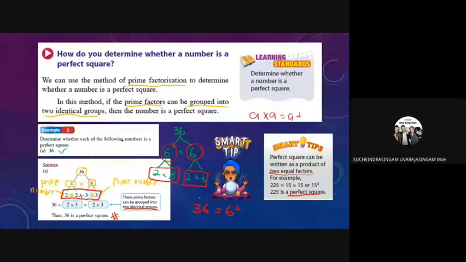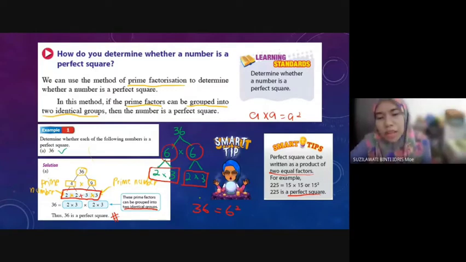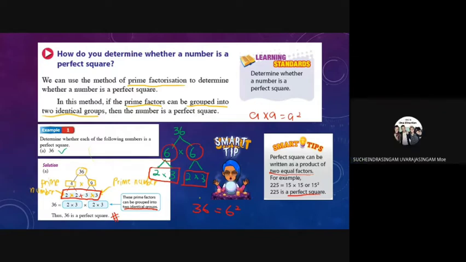Can you write in chat? 144 is a product of what number? The two equal factors are 12 and 12.